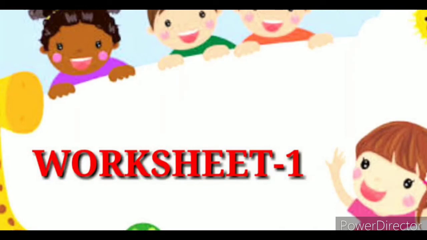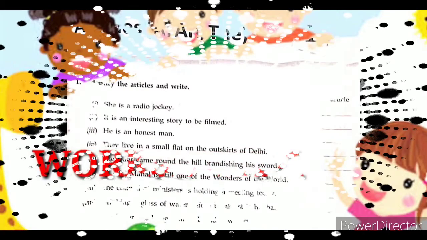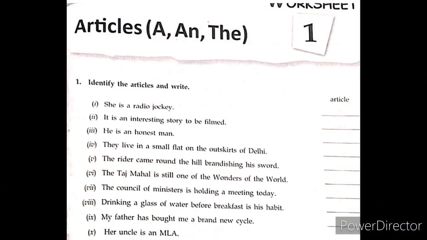Let's move on to worksheet number 1 from our grammar part, articles. Children, look at the first Roman. Identify the articles and write. See the first question, children. She is a radio jockey. You need to find out the article from this sentence.